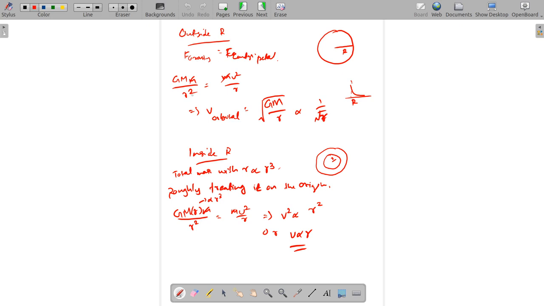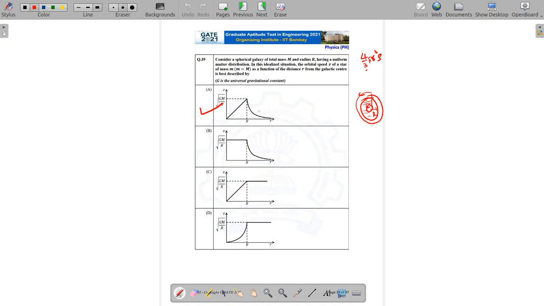So GMm by r square is mv square by r. That will give you the orbital velocity as root of GM by r, where r is the radius of the orbit. So the orbital velocity goes like 1 by root r. If you increase the radius, you decrease the orbital velocity. So it should go down, which means this is out of the question. This cannot be the answer.